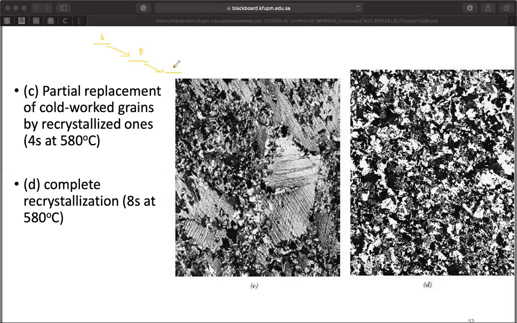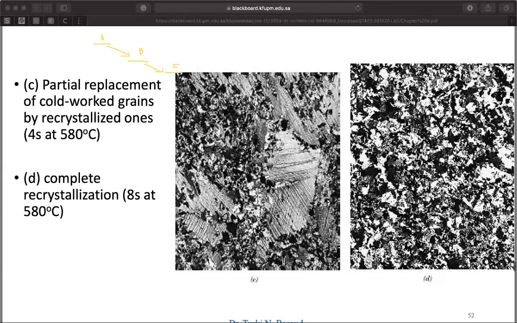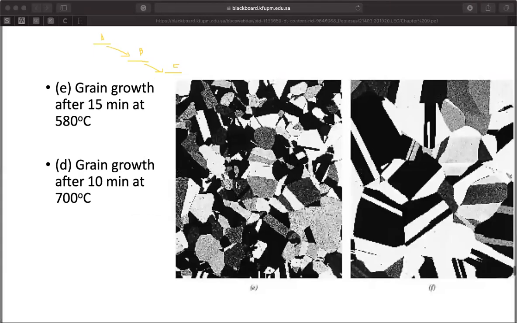Now, if you continue supplying heat to the material, the material will try to utilize that heat to reduce the grain boundaries that are there. The way to reduce the grain boundaries is by growing the grains.